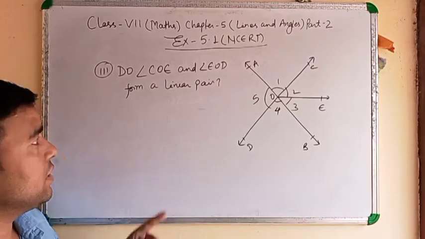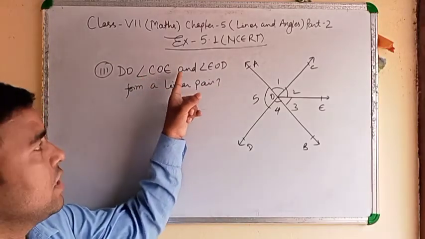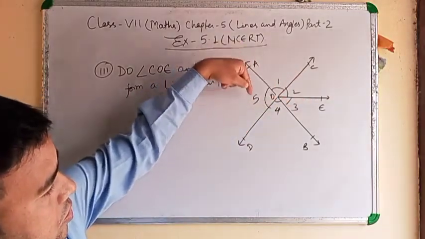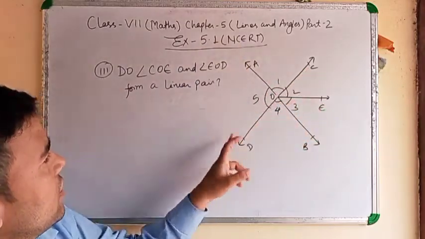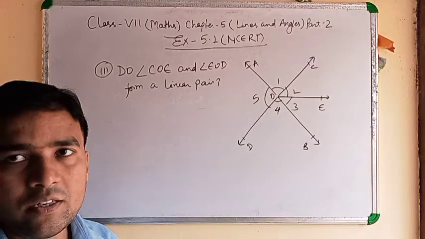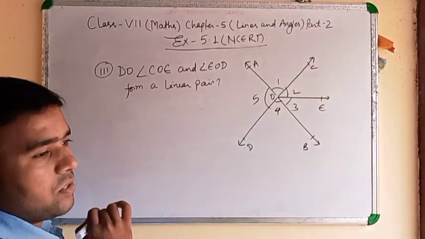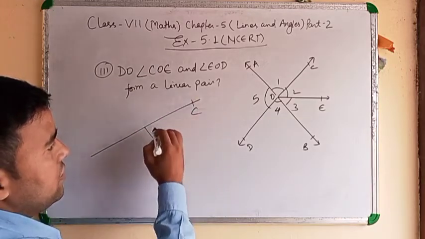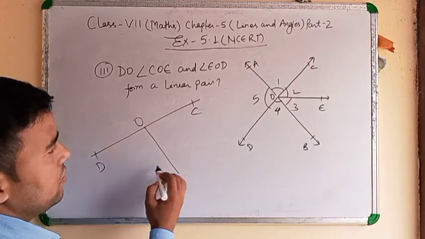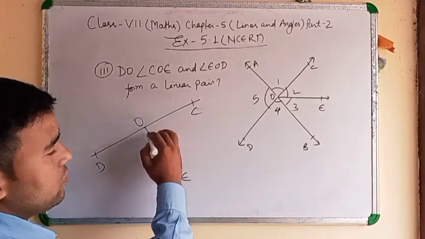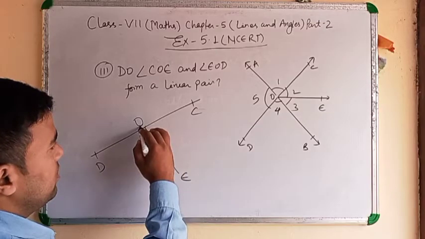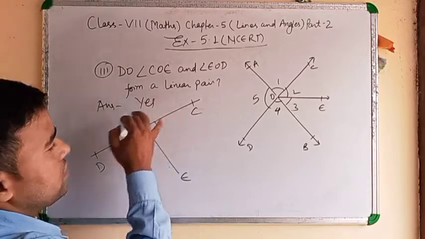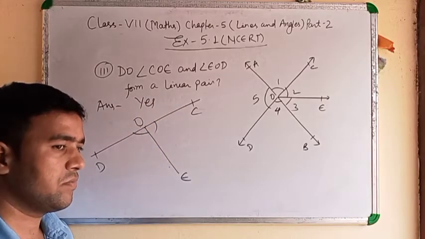The question is, do angle COE and EOD form a linear pair? Clear? It will also be yes, see, like in this form, COD, and COE and EOD both are a linear pair. The answer is yes.